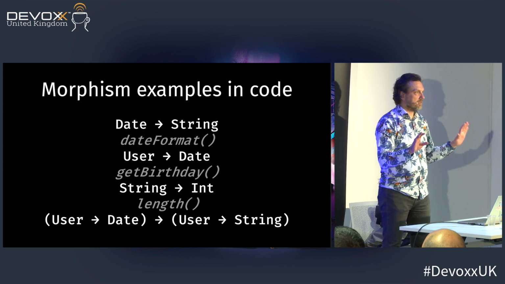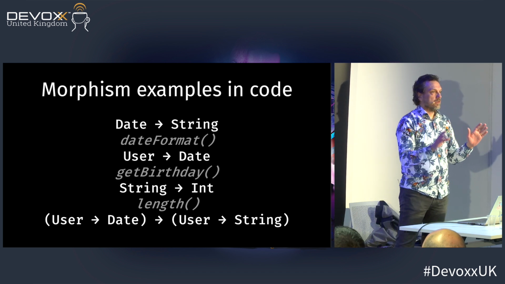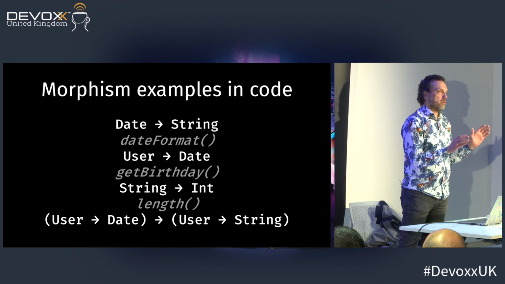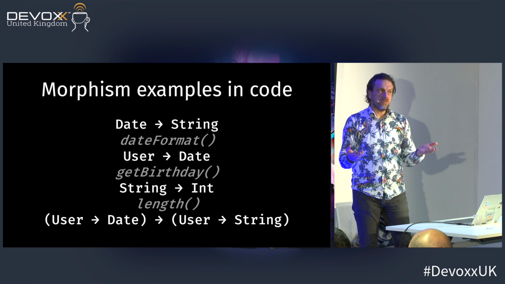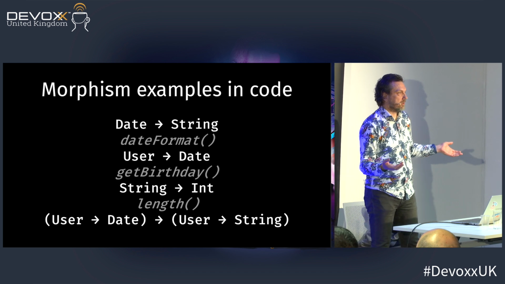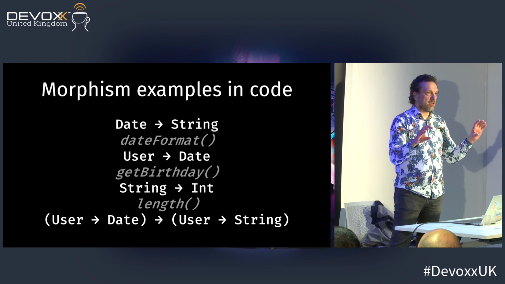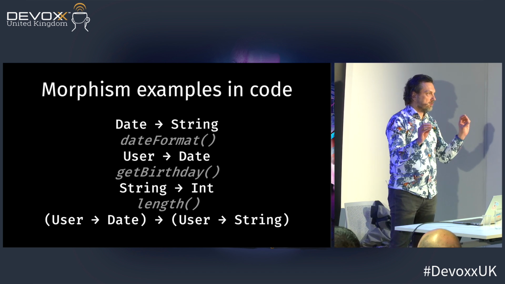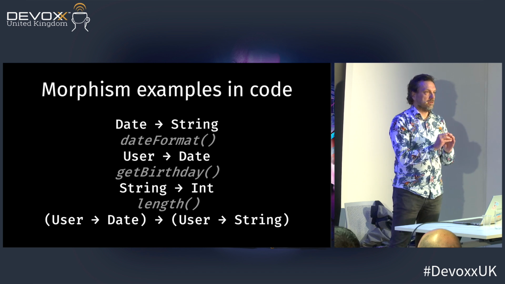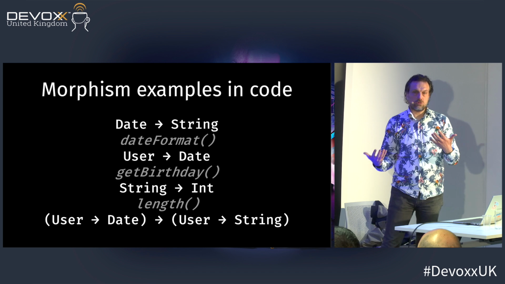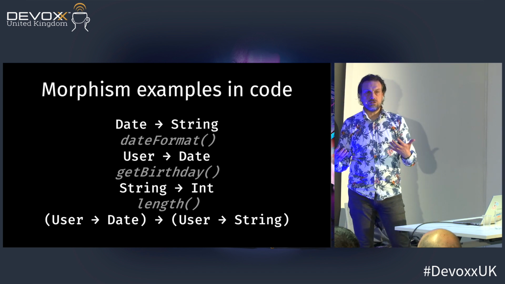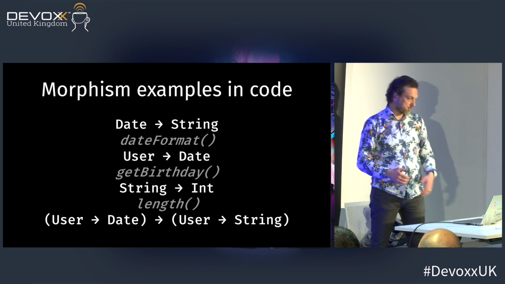No, this is a pure function. If instead you go to the DB and you ask what is the value of user 123, it depends on the DB that you have behind. So it's not a pure function because the output of the function does not depend only on the input, but also on external things. To talk about morphism, we will only talk about pure functions.